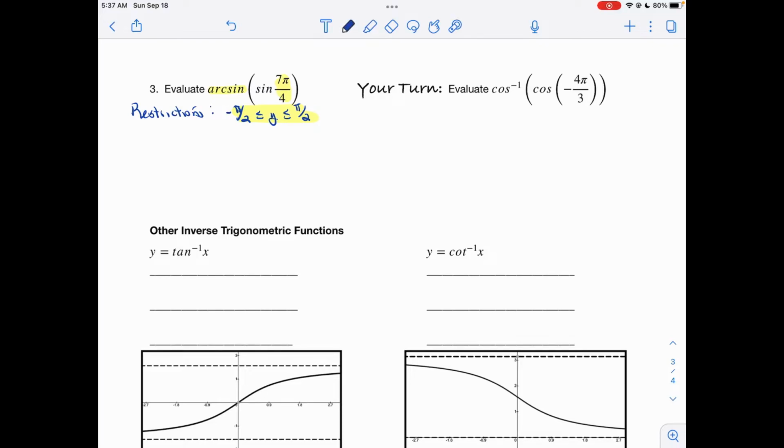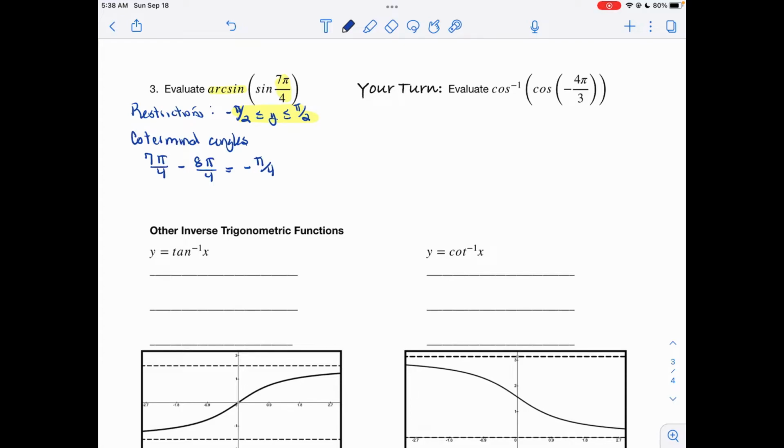So to find an angle that's between these that has the same measurement, you have to go back to coterminal angles. So I need to find a coterminal angle for 7 pi over 4 that falls within my restrictions of the inverse sine function. Remember, to find coterminal angles, you just add or subtract 2 pi, which I'm going to write as 8 pi over 4, and I get negative pi over 4.